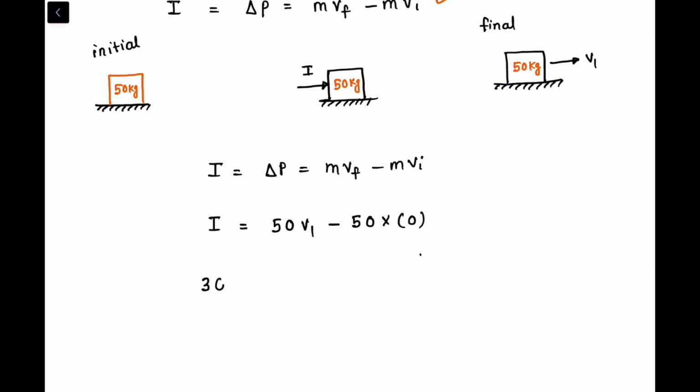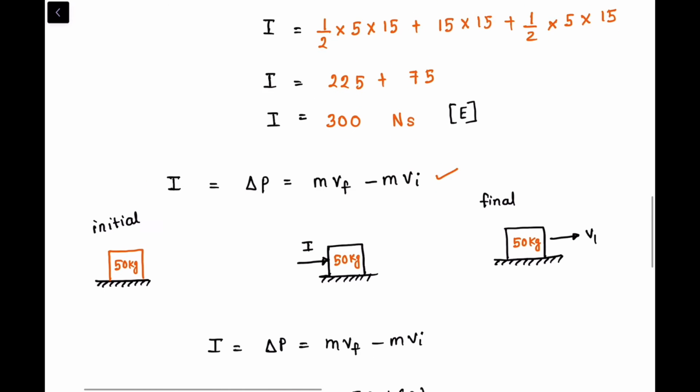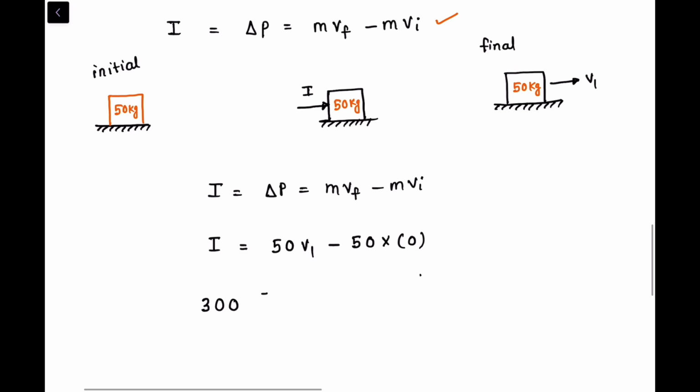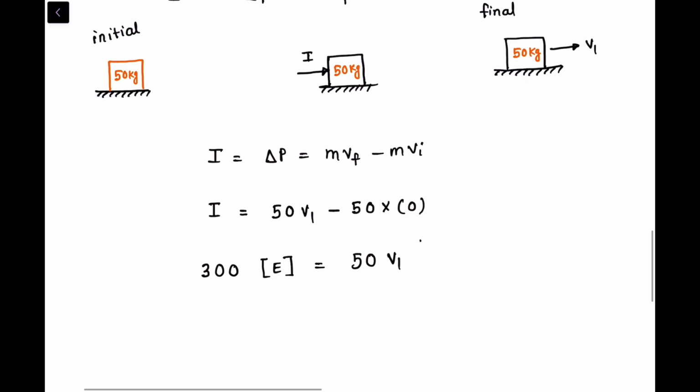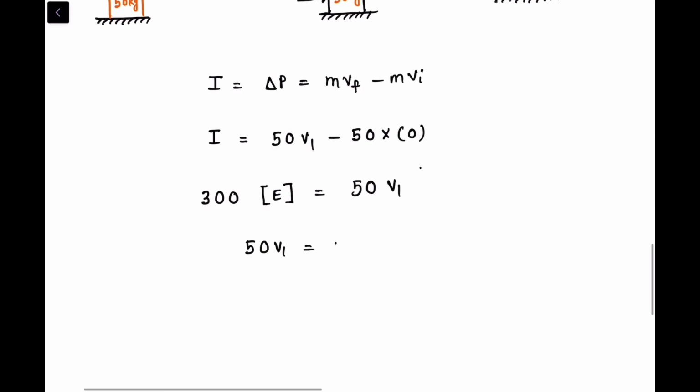Impulse we derived, it was 300 Newton second towards the east. I'm not writing the unit over here because you'll get confused. 300 towards the east is equal to 50 times v1. So 50 times v1 is nothing but 300 towards the east. So v1 will be how much? 6 meter per second towards the east.